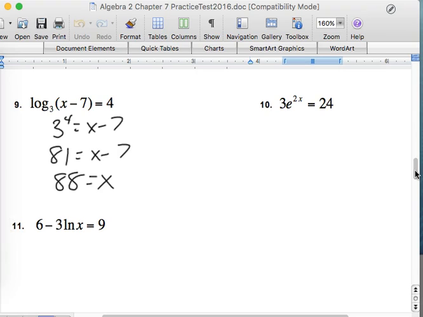You have to divide by 3. I don't know. I just feel like I start something the wrong way.